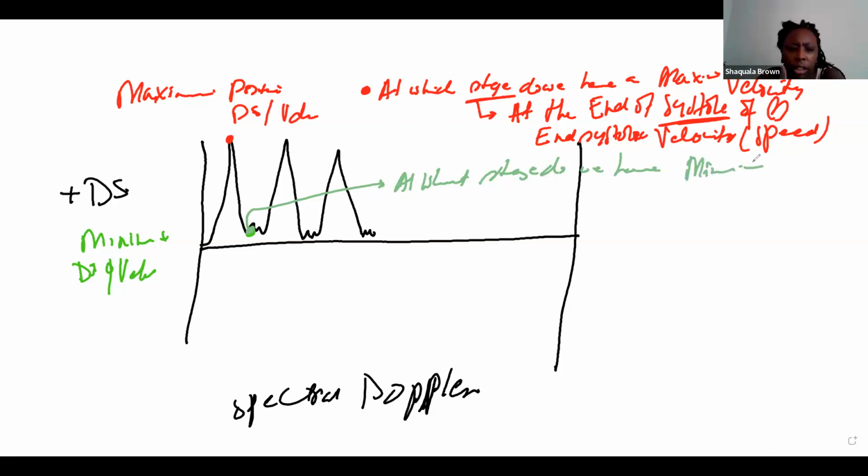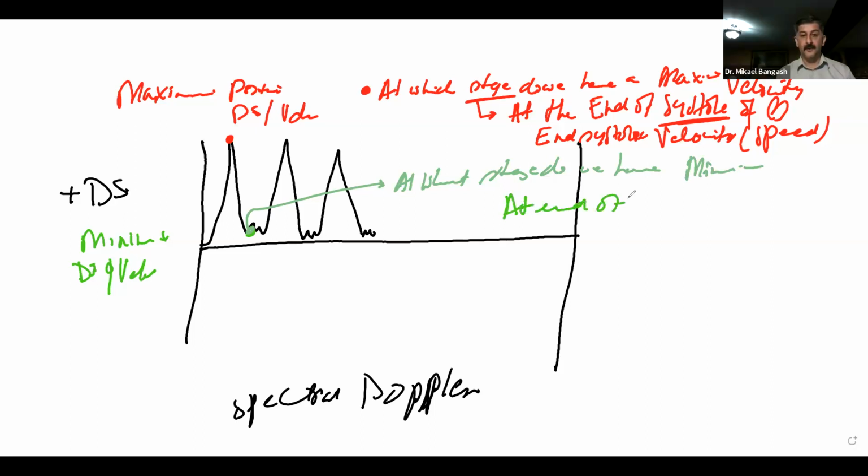Is it the diastolic? Exactly, related to the diastole. At end of diastole. Well, this is going to be referred to as the end diastolic velocity, or you can say speed.